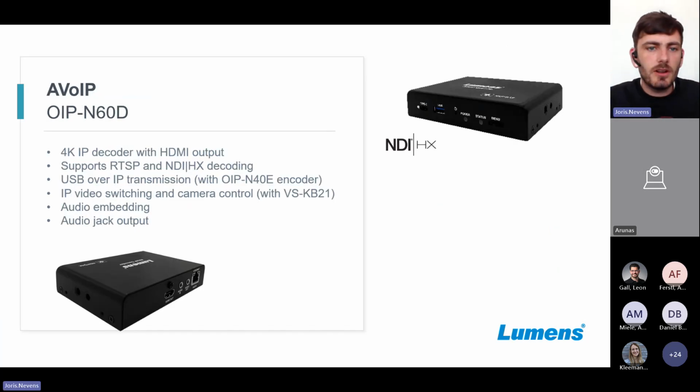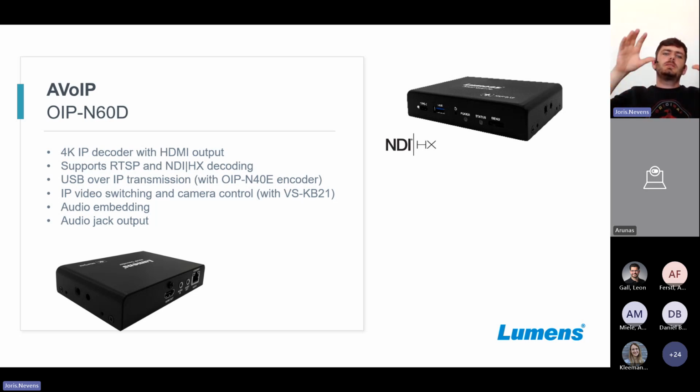And then this is a last sneak I put in during the PowerPoint. This is the OIP60D. You will see I'm using this device. What is the OIP60D? I need to get any RTSP or any NDI HX stream into my PC. How do you do that? Told you before, you need a converter to HDMI, then HDMI to USB.